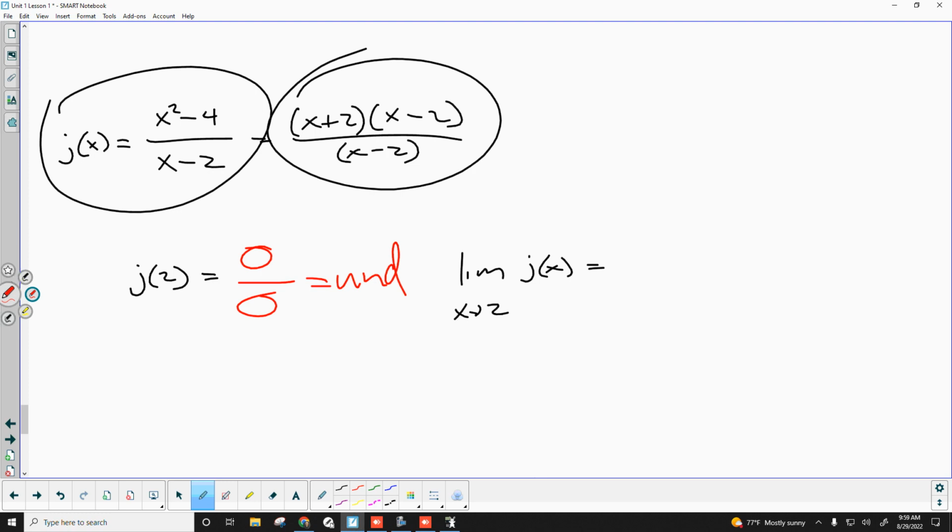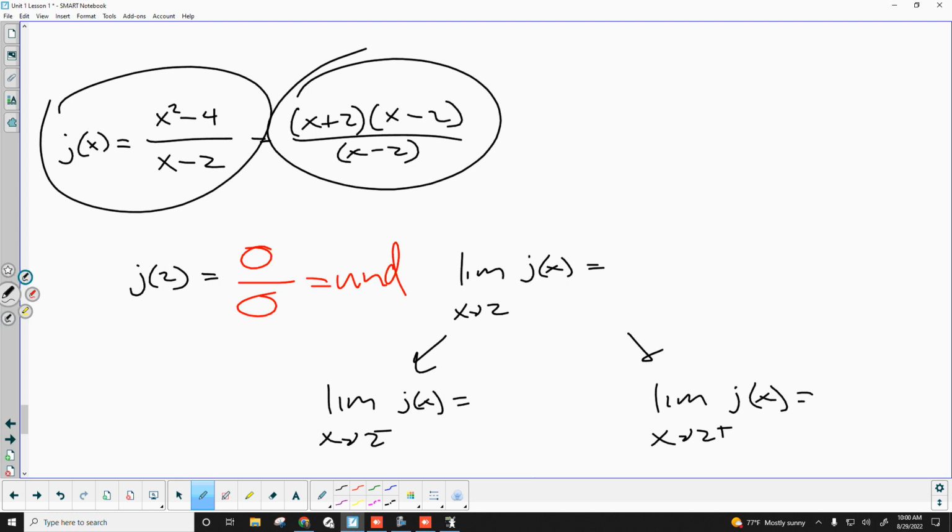If you plug in 2, you get 0 over 0. So j of 2 is undefined. Cool. All right, now before we continue, remember what I said. If I ask you for an in general limit, you better at least think about the left-hand limit and the right-hand limit. All right, now continue.